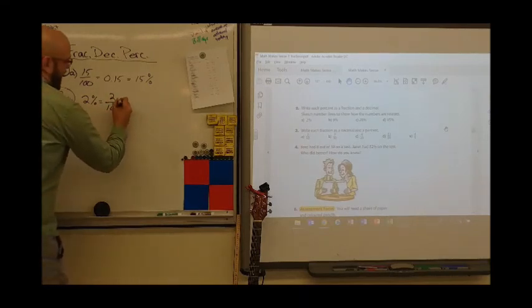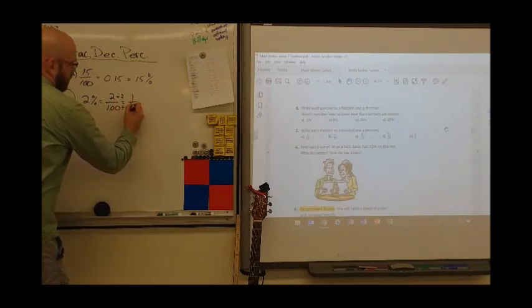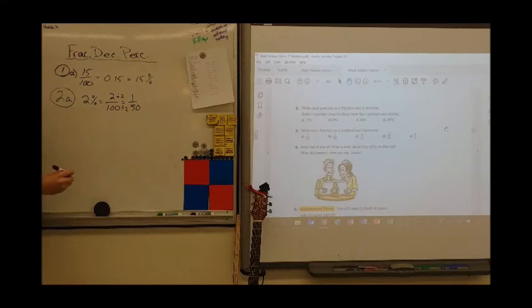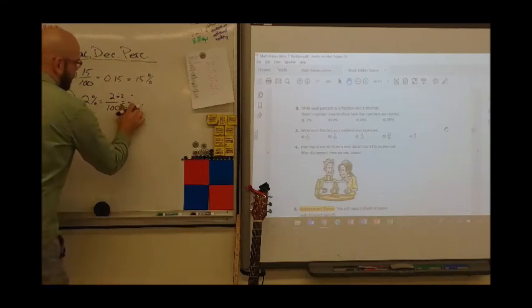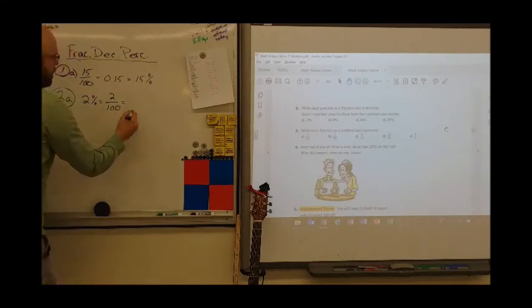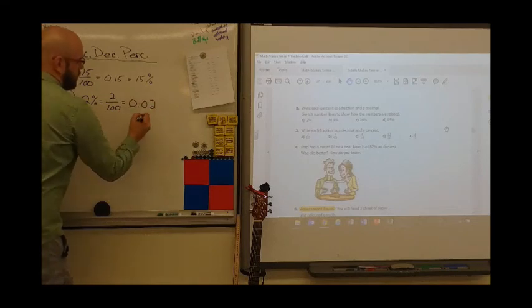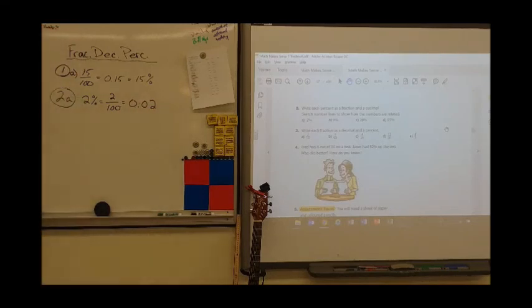Or I could write that as 1 over 50. But if it's 2 out of 100, that's 2 hundredths. 3A says write each fraction as a decimal and a percent.